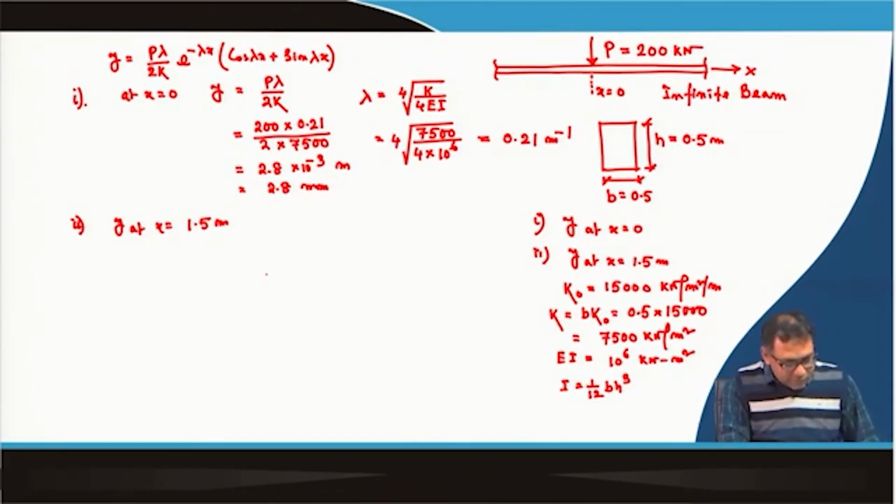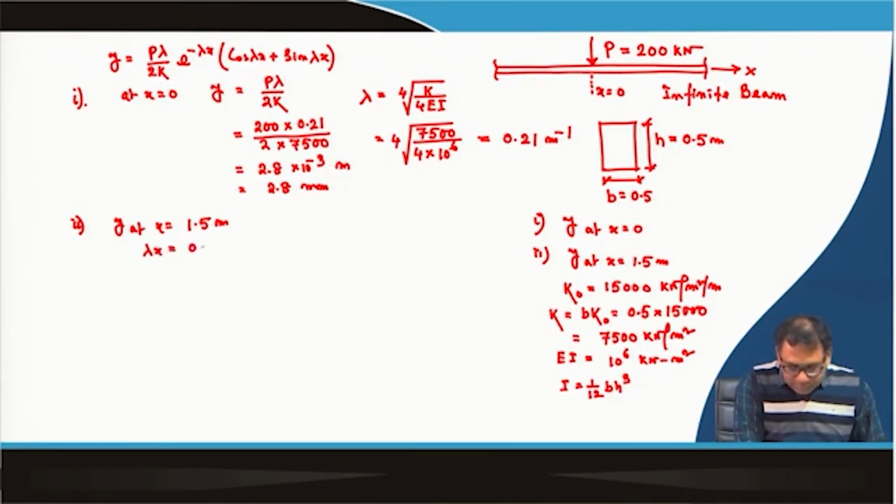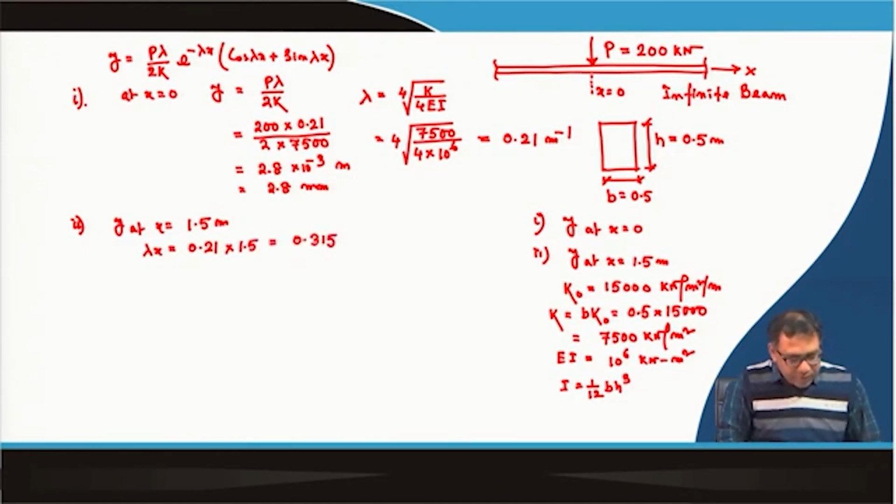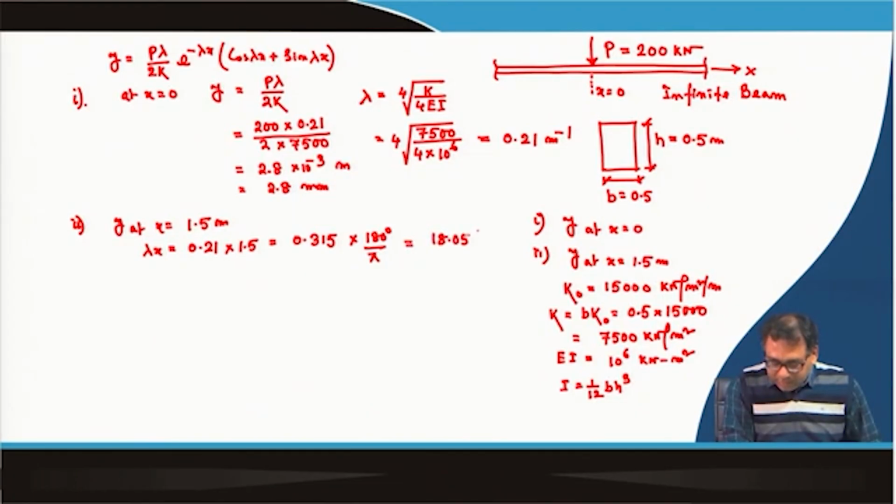So, at x equal to 1.5, the lambda x value is equal to 0.21 into 1.5. So, this is 0.315. If I multiply 0.315 by 180 degree divided by pi, because when we use lambda x in sin and cos, we have to convert it to degree, as lambda x is in radian. So, this value is 18.05 degree.